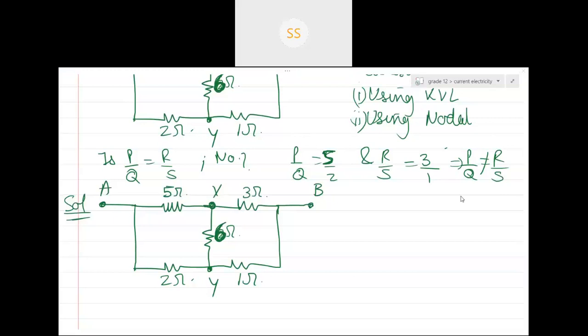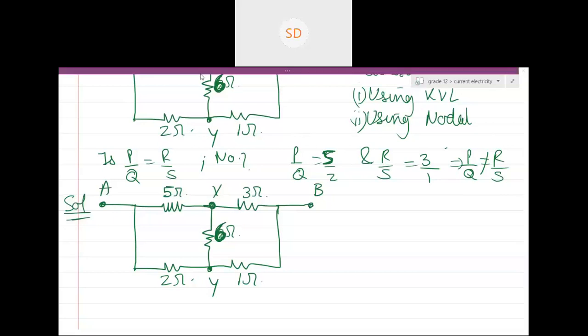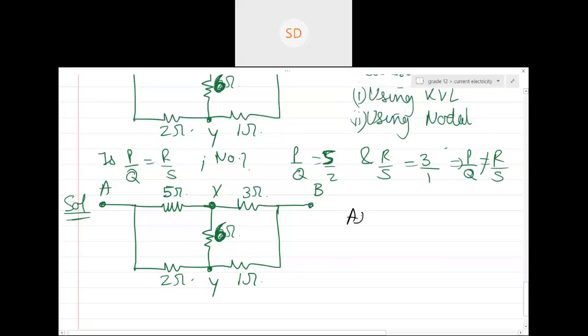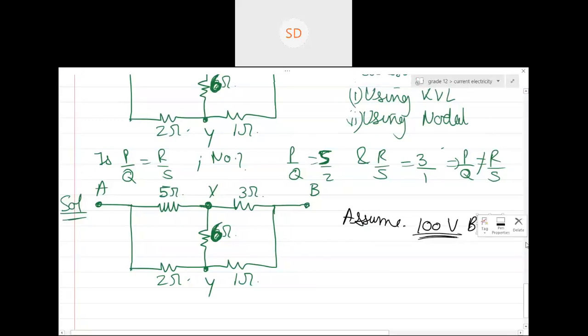First thing, to flow current through it, you should connect it to a battery, right? Yes. So assume you connect a 100-volt battery.